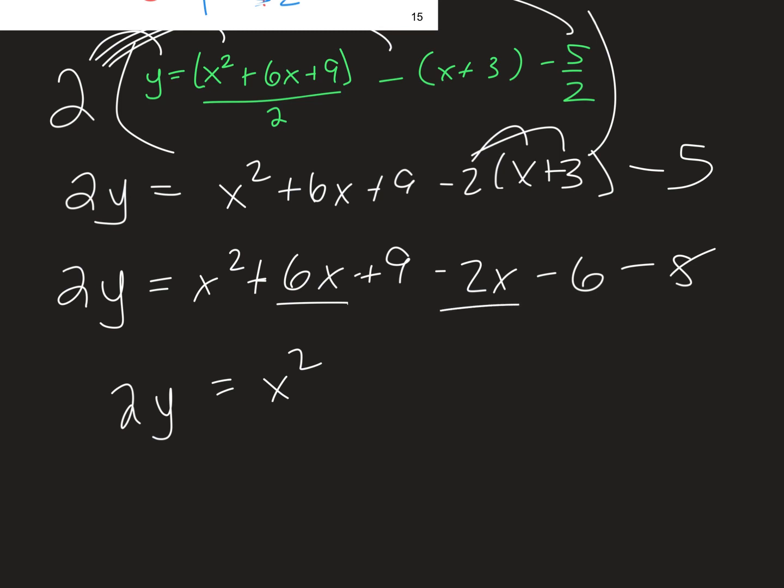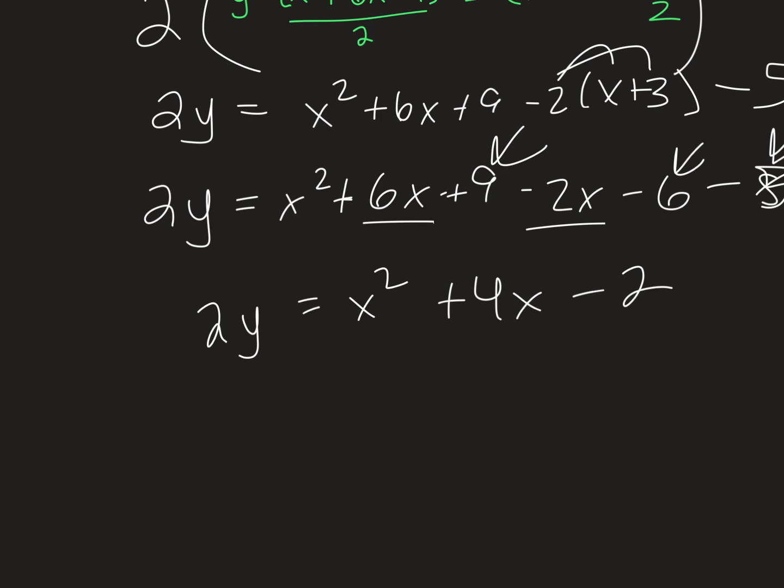Positive 6x and a negative 2x gives me what? Plus 4x. I have 9 minus 6, 3 minus 5. I can't read my writing. That's a 5, I just wrote it badly. So sorry, 9 minus 6 is a 3, minus 5, negative 2. All right, and then what's the last thing we should do?